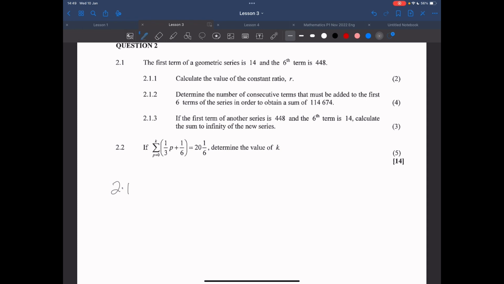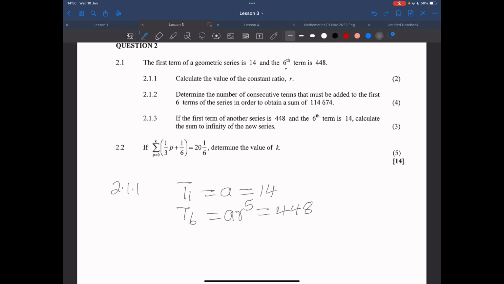So it's 2.1.1. Now they're saying the first term, meaning term number 1, which is represented by A. So we are given that A is 14. And the sixth term, meaning term number 6, we know that term number 6 of a geometric sequence is AR exponent 5. So we are given that term number 6 is 448.